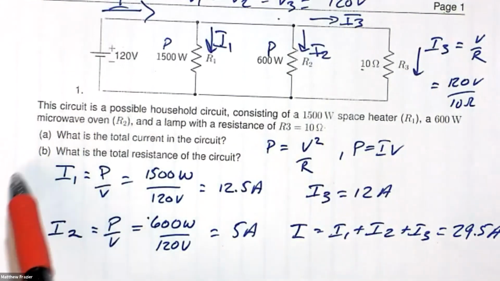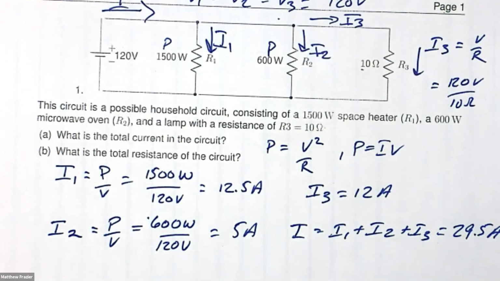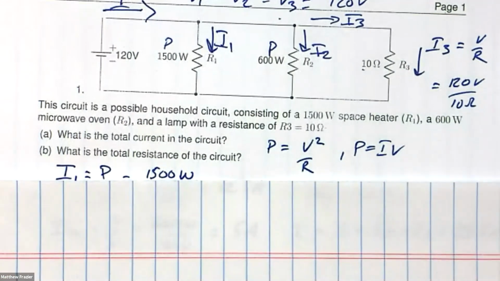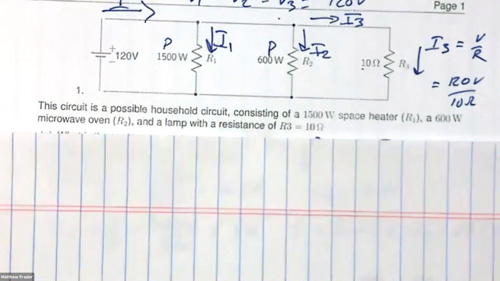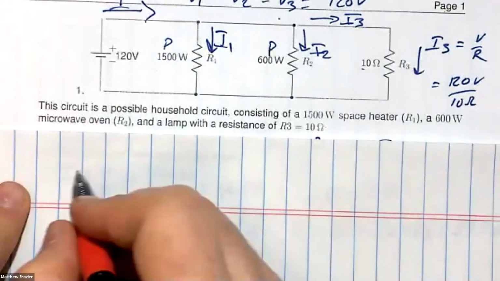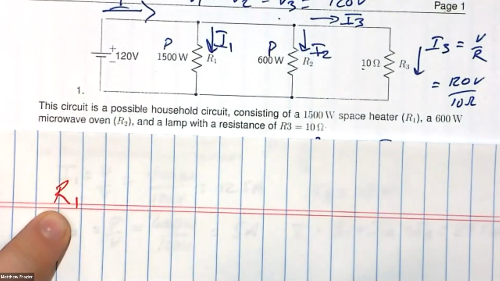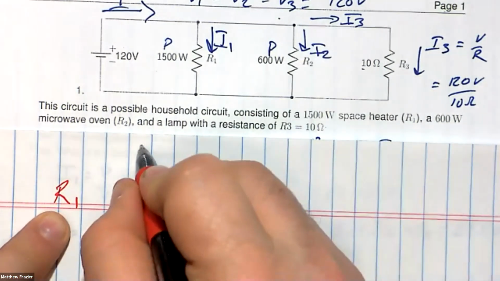The other part of the problem is to find the total resistance, which means we need to find R1 and R2. Pull this sheet of paper in here for a minute. Now we know voltage and current, so we can just apply Ohm's law.